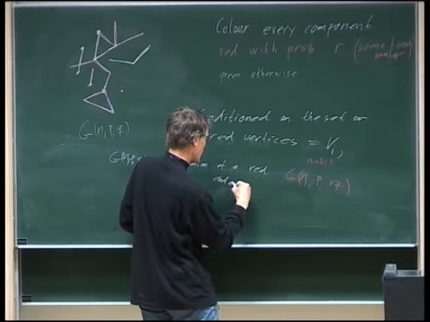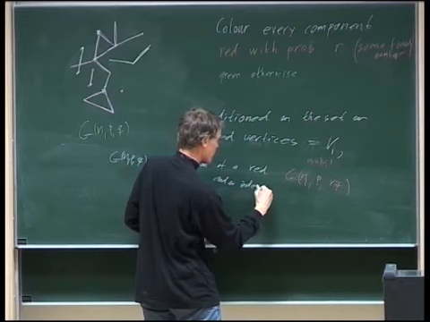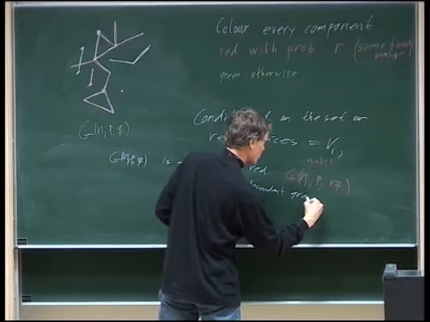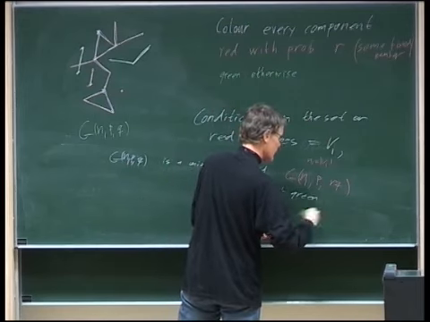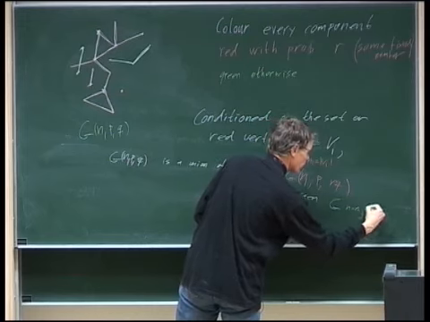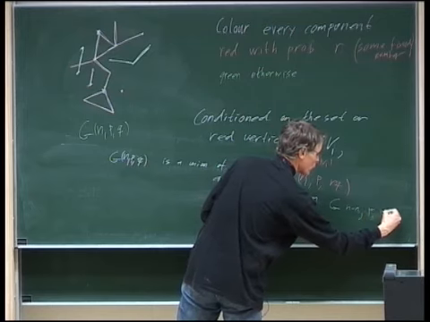And independent green, make this a colorful thing. So it's n minus n1 left, and we have the same p, and we have 1 minus r times q.